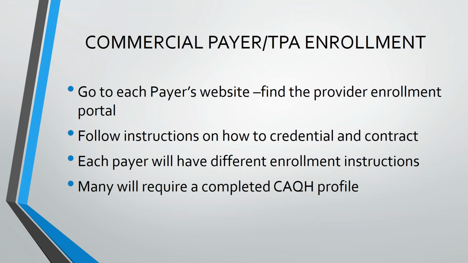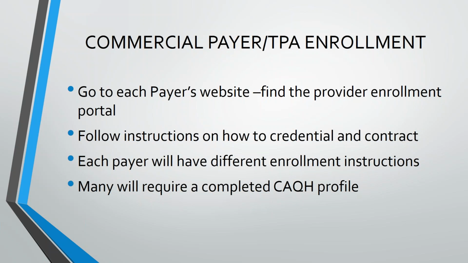For commercial payer enrollments, this is going to be on a payer by payer basis. You cannot just say, well, CAQH is going to enroll all of my commercial payers. That is not true. You'll have to go first to each of your payers' websites.